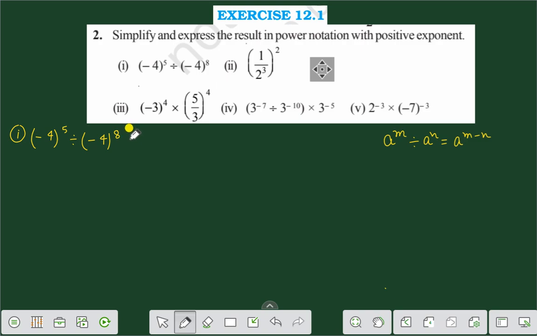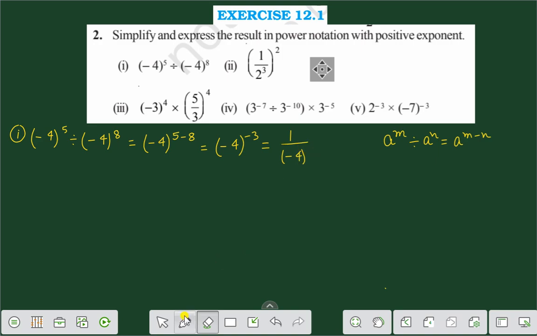Therefore, we are getting (-4)^(5-8), and that is equal to (-4)^(-3), since 5 minus 8 is minus 3. It can be written as 1 by (-4)^3.